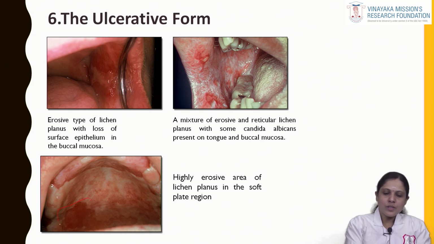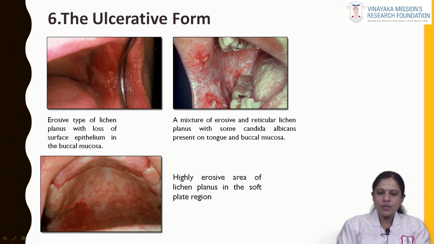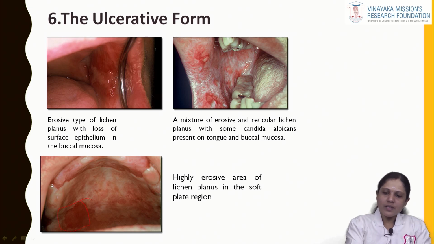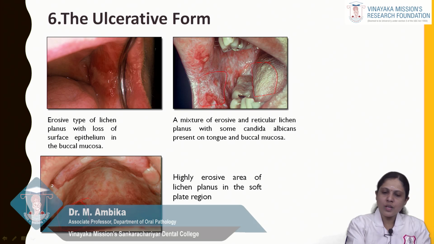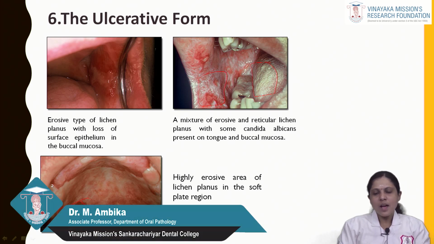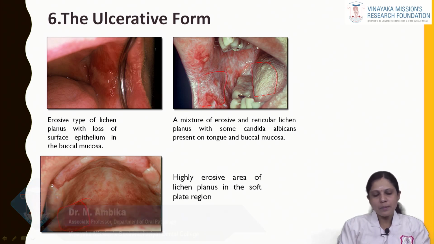Here you can notice the erosive area of lichen planus in the soft palate. A mixture of erosive and reticular lichen planus with some Candida albicans can be seen in this picture affecting the tongue and buccal mucosa. So this is the ulcerative form of oral lichen planus.